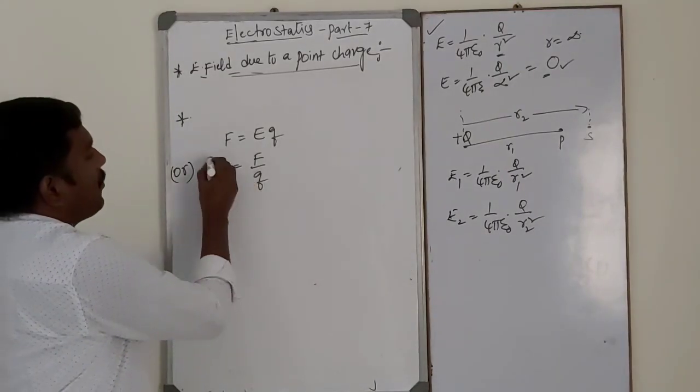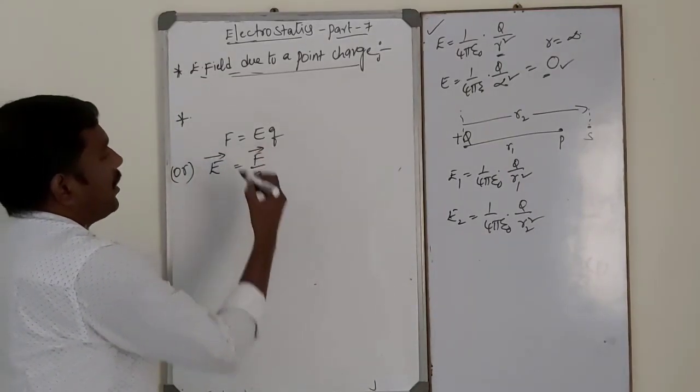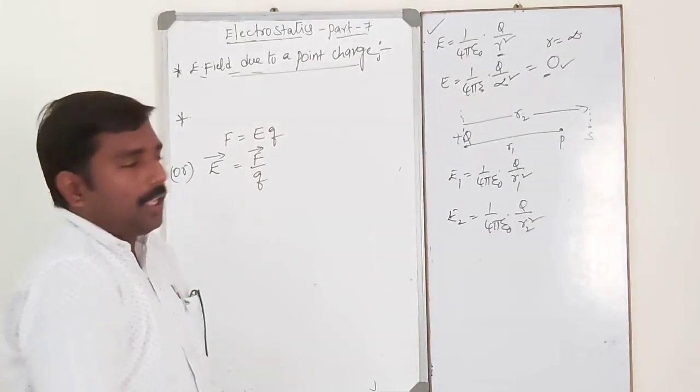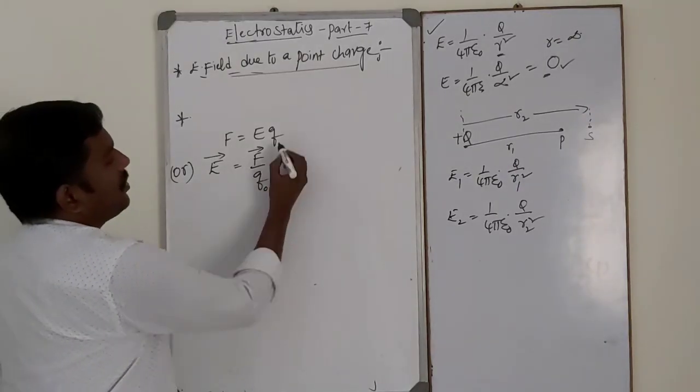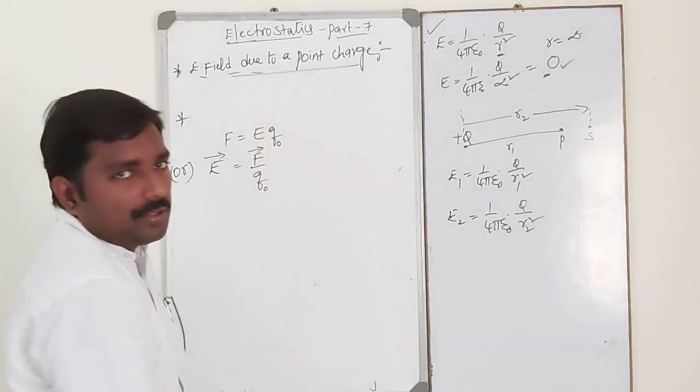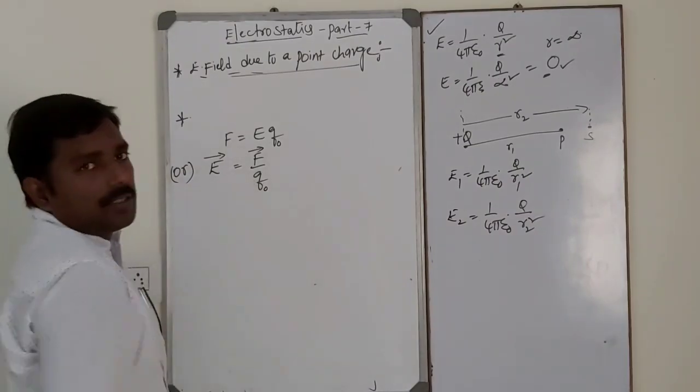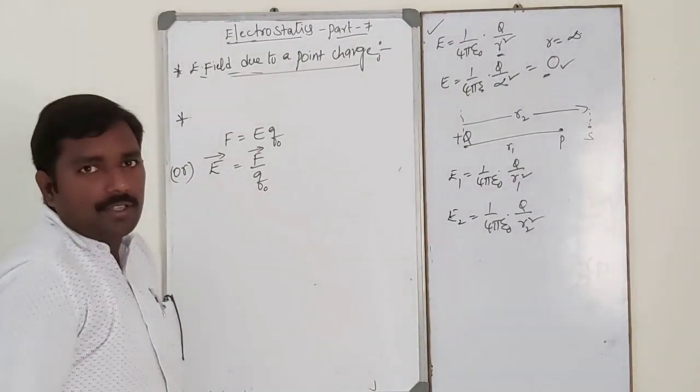In vector form, vector F equals vector E times the test charge, represented like Q naught. This is the test charge.